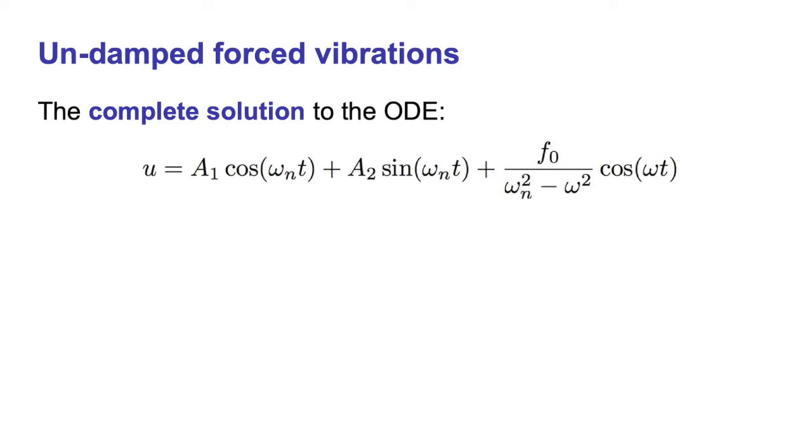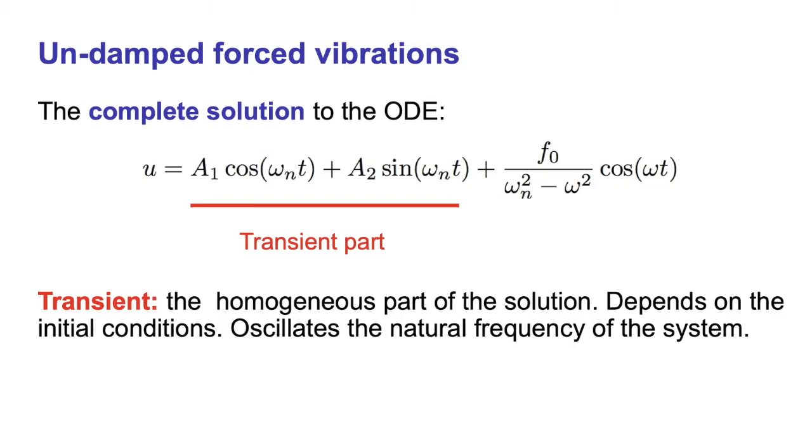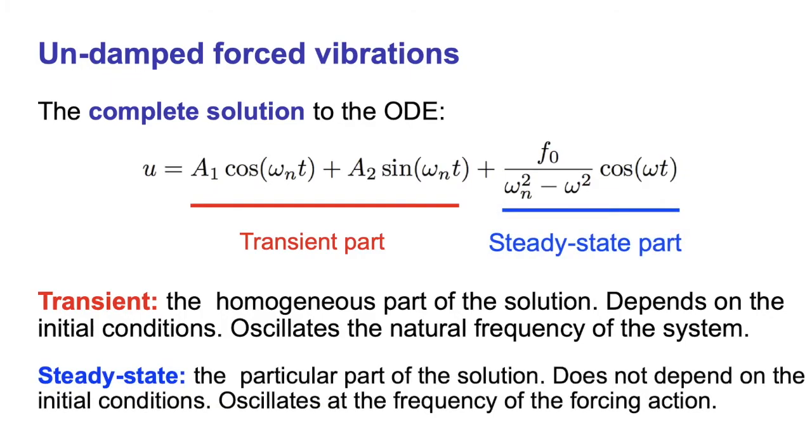Looking at the complete solution to our equation of motion, we realize that the two parts previously mentioned have distinct oscillatory characteristics. We call the solution to the homogeneous part transient. This motion component depends on the initial conditions and oscillates at the frequency of the system, omega sub n. On the other hand, we call the solution to the particular part steady state.